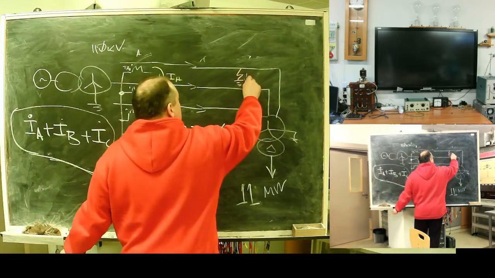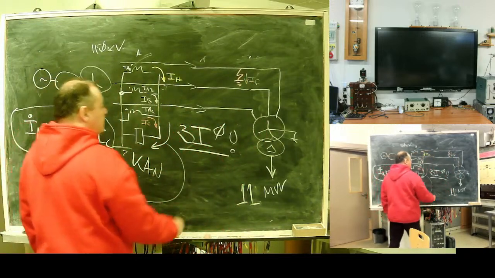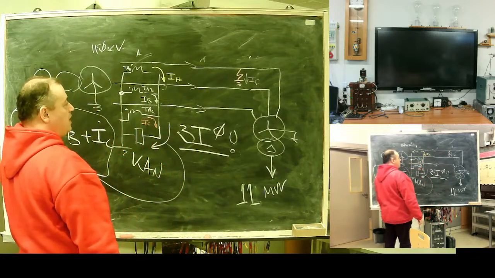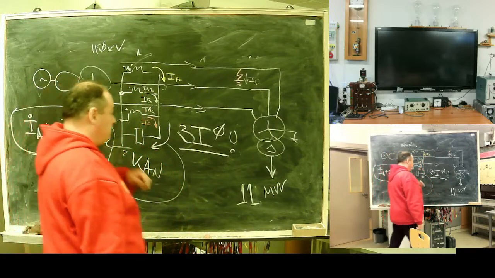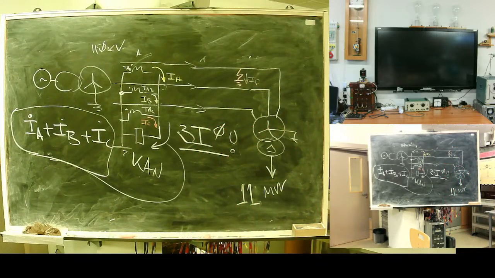If we have fault current here, triple I0, as I showed, we will get fault current. Why am I wasting time on this schematic?